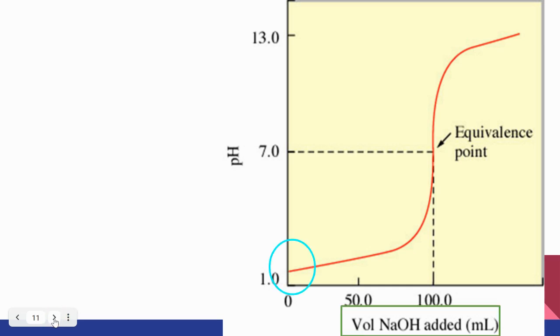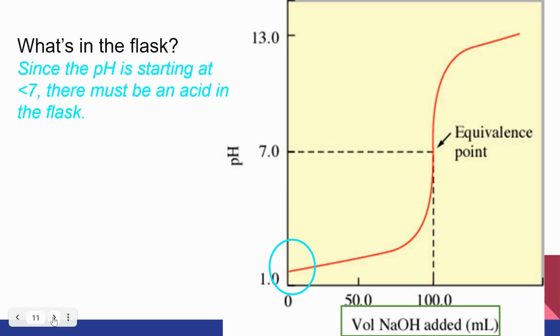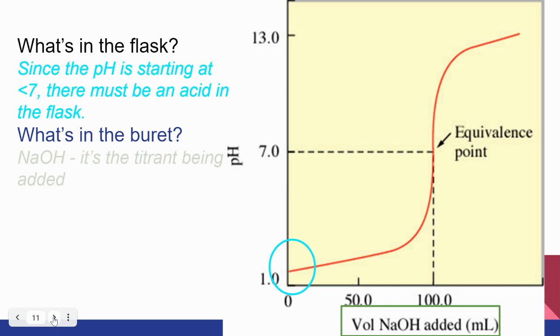Now, looking at our graph, notice that the initial pH is low, less than 7. So that tells us that in the flask where our analyte is, we must have had an acid present. And along the x-axis, we have volume of sodium hydroxide added. That's our titrant. That's what's contained in the burette.